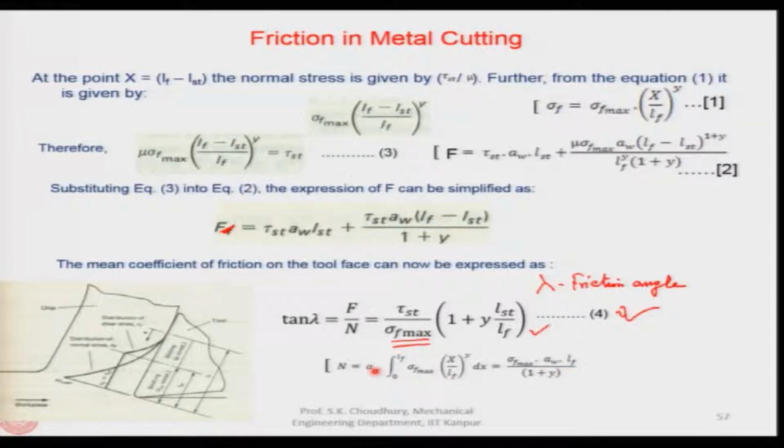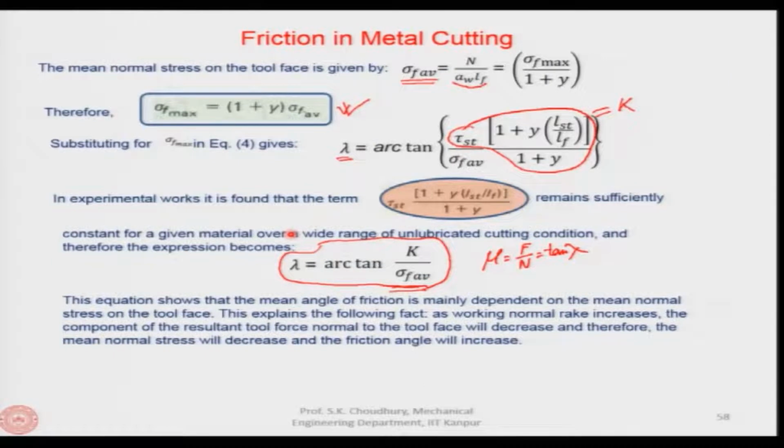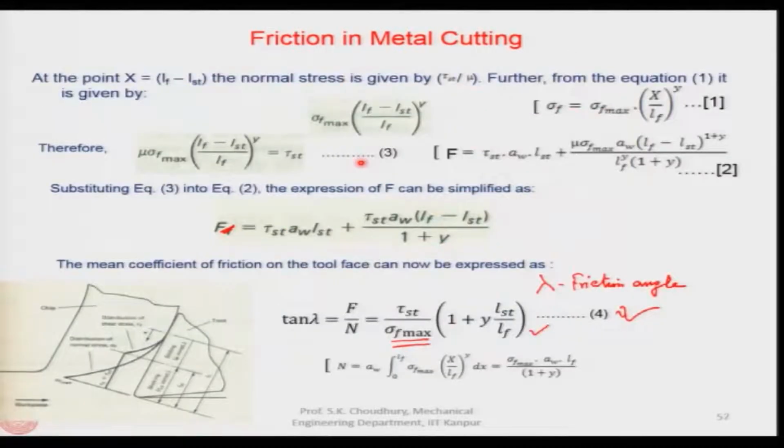Then we integrated the area under the shear stress and found the shear force. Then we simplified the formula of F, and initially by integrating we got this, and we simplified by substituting equation 3 in this equation, and we got this.